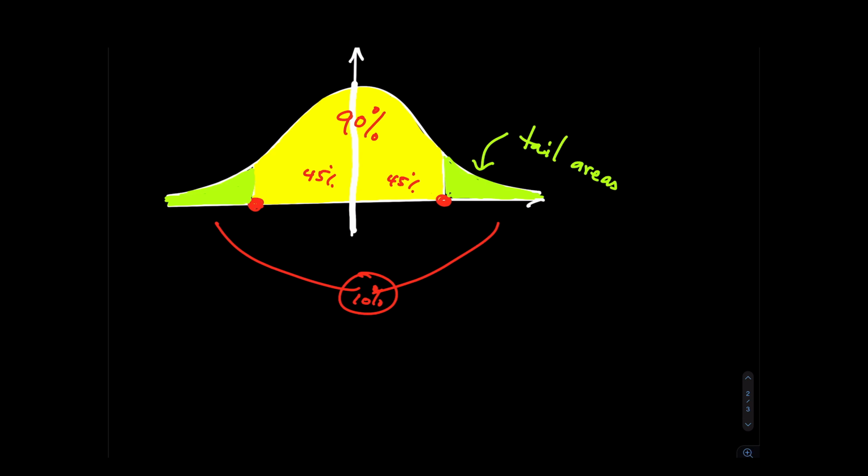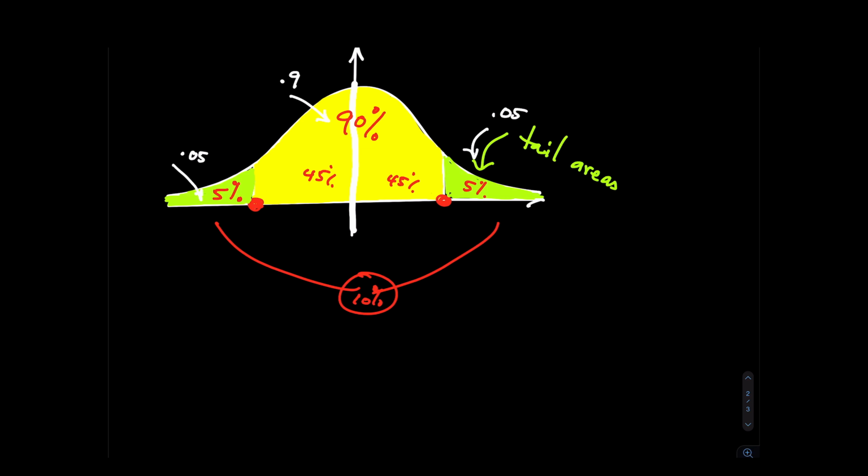But because it's symmetric, each one will be 5% or 0.05. I've told you not to deal with decimals in this class, but I'm giving you decimals because it's easy to understand. Remember that we're going to call this 5% 0.05, we're going to call this 90% 0.9, and we're going to call this 5% 0.05 again. So get used to looking at these numbers as decimals, not percentages.